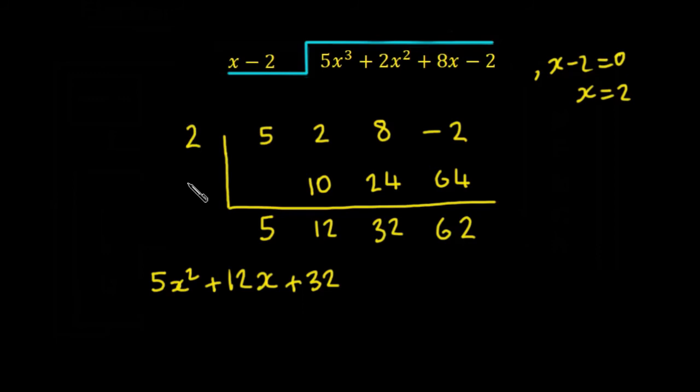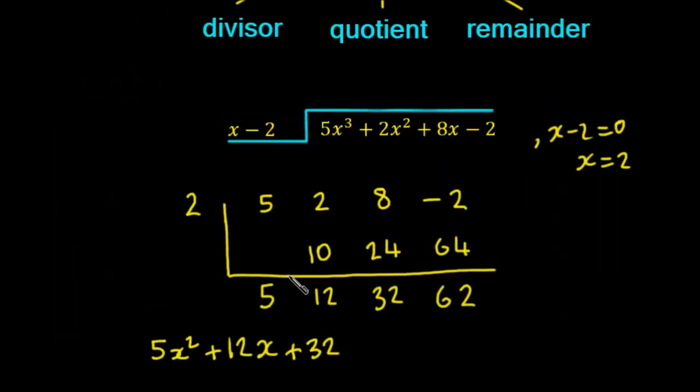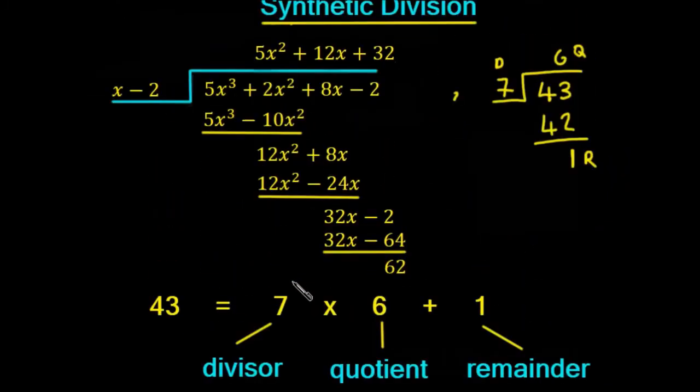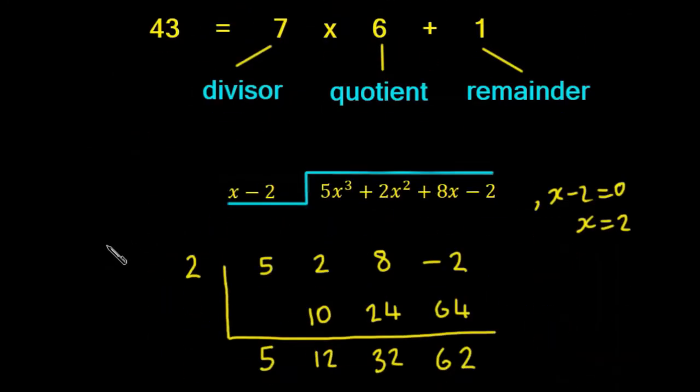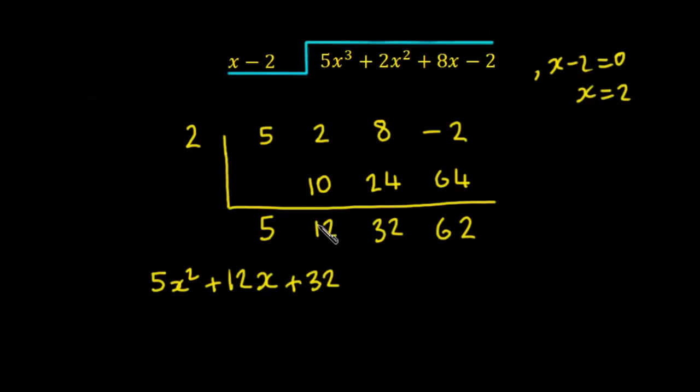So that's a much quicker way of working through the division, and just to convince yourself, that's 5x squared plus 12x plus 32. Well, that's the same as what we have up here, 5x squared plus 12x plus 32. So synthetic division is a much quicker way for us to work through and divide out polynomials.